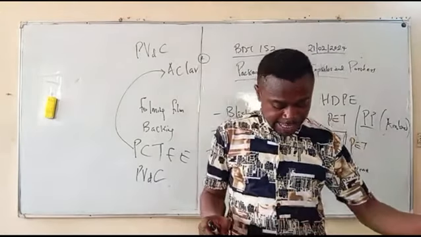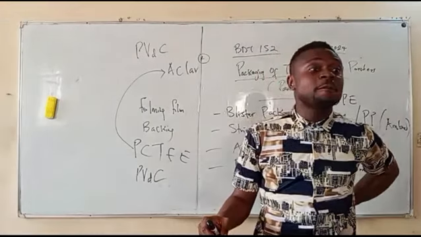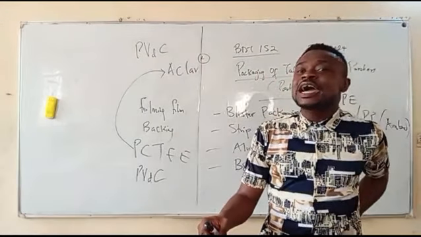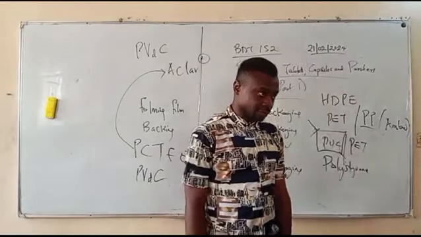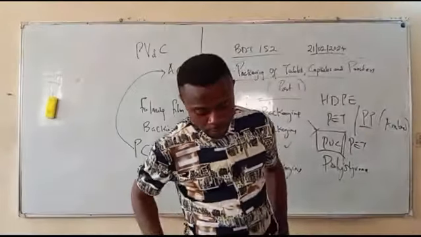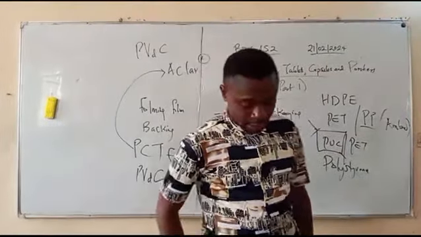So these are materials used for backing. Now, as you can see pictorially, a schematic of what we see in a strip packet, blister packet.